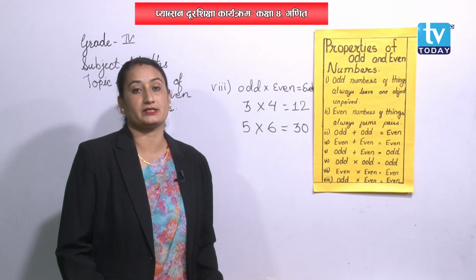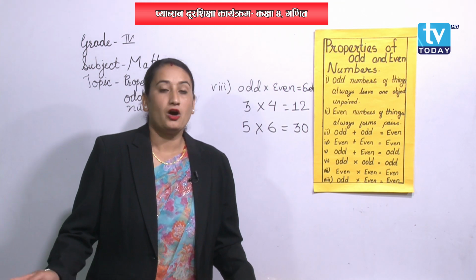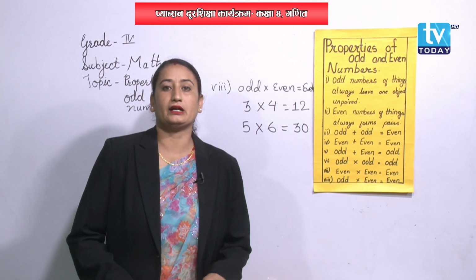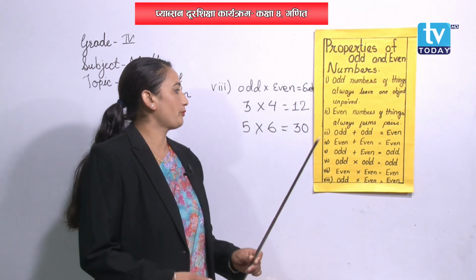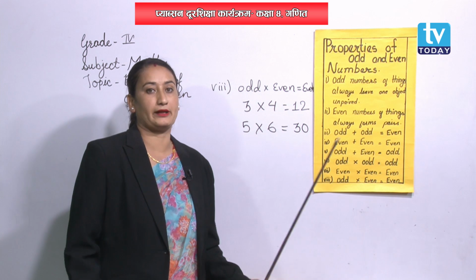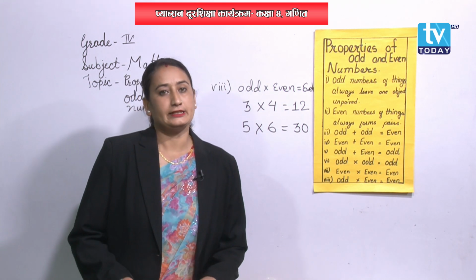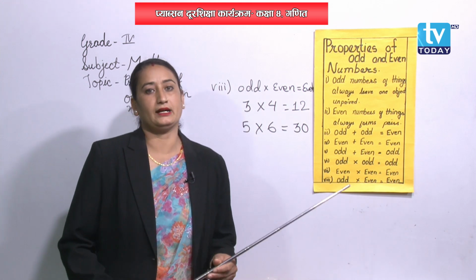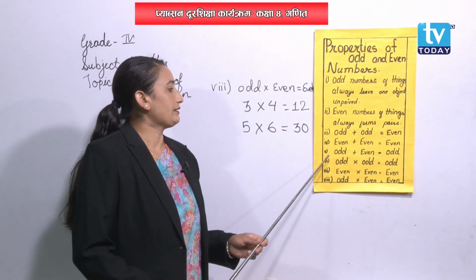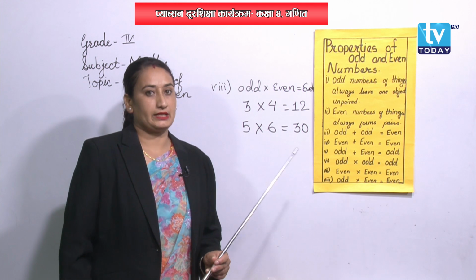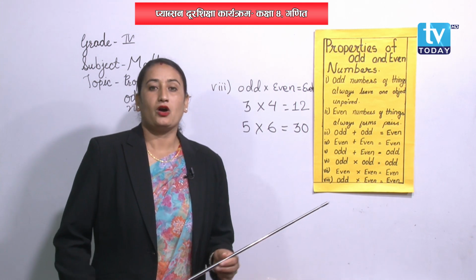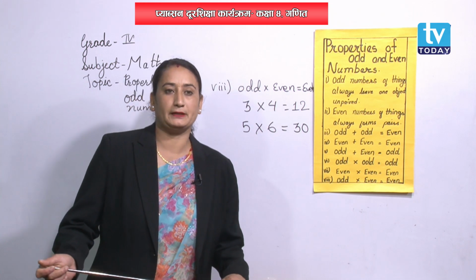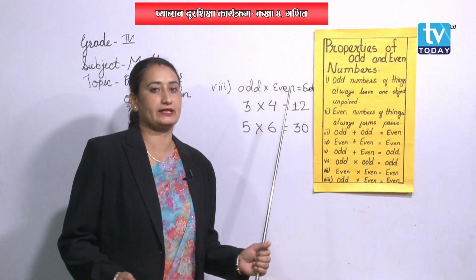Third, if we add odd and odd numbers, then we will get an even number. Fourth, if we add even and even numbers, then obviously we will get an even number. Fifth property is, if we add an odd and an even number, then we will get an odd number. I have shown this with examples also.